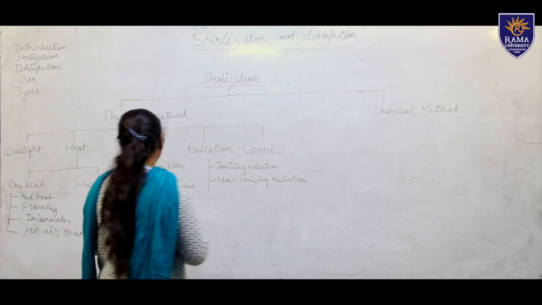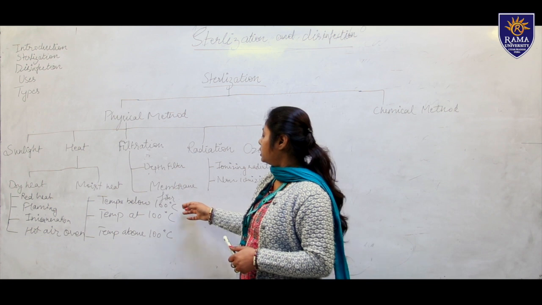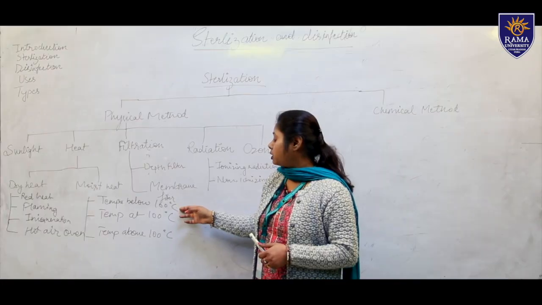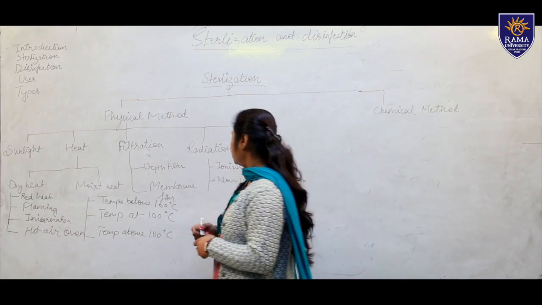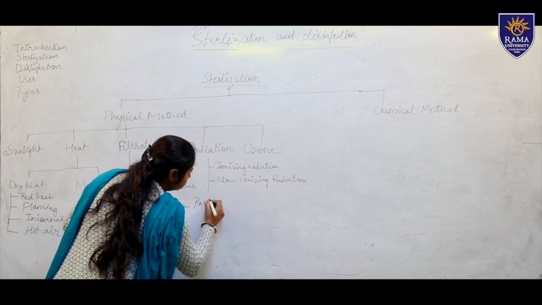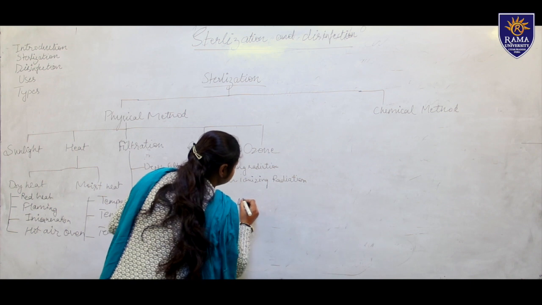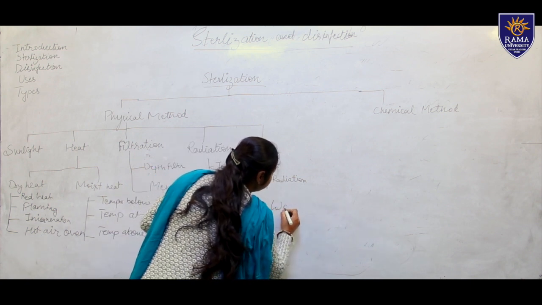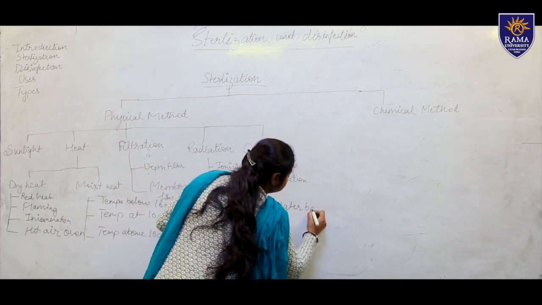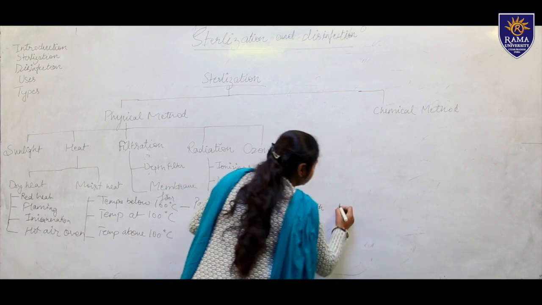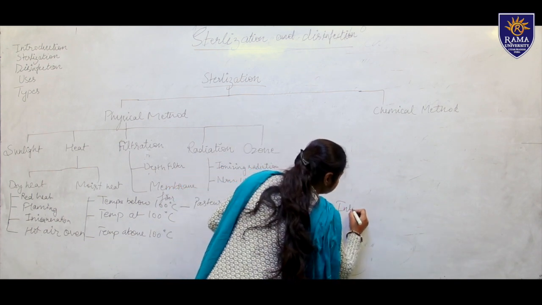In temperature below 100 degrees Celsius, various processes are used. First is pasteurization, then water bath, and next is inspissation.